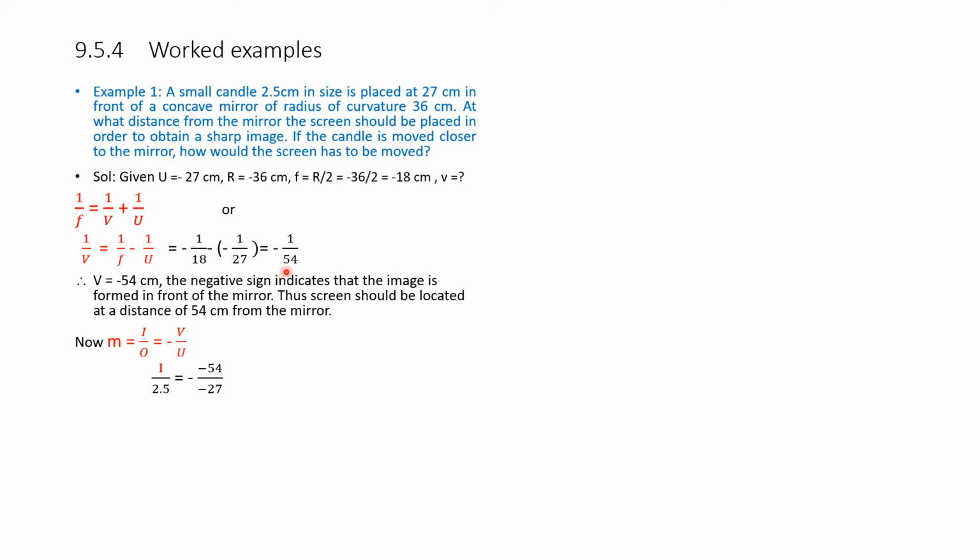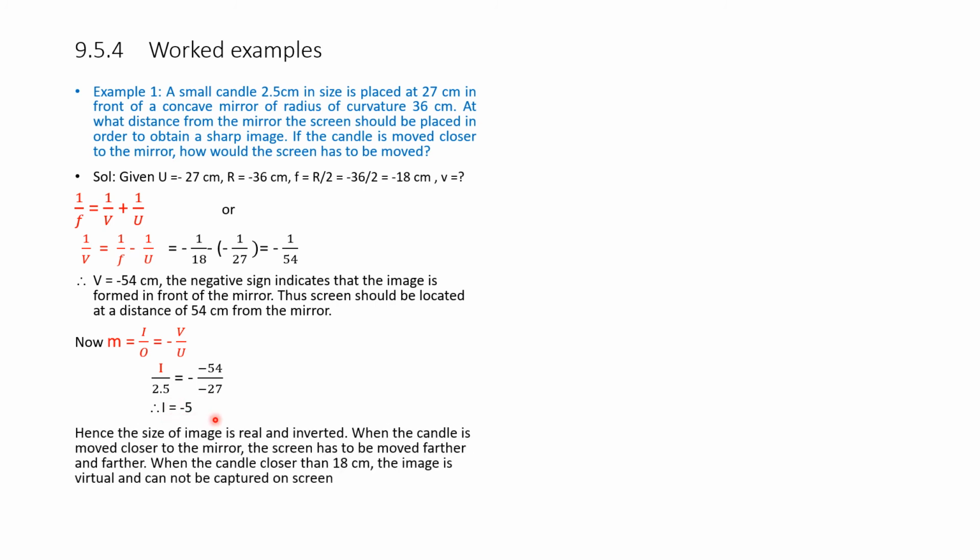We have found V is equal to minus 54 and U is minus 27, it is given, and O is 2.5 centimeter, the height of the object. Hence, we have to find the image height. Solving this equation, we get I is equal to minus 5. Hence, the image is real and inverted because of the minus 5.